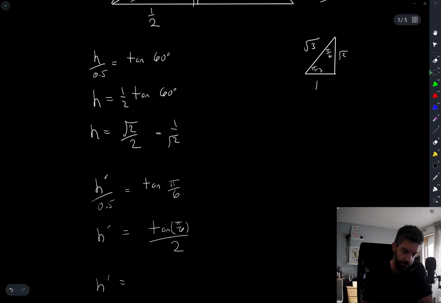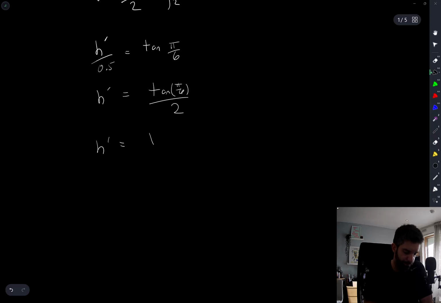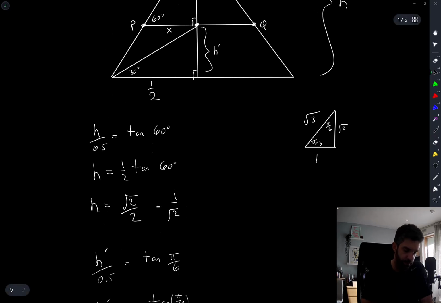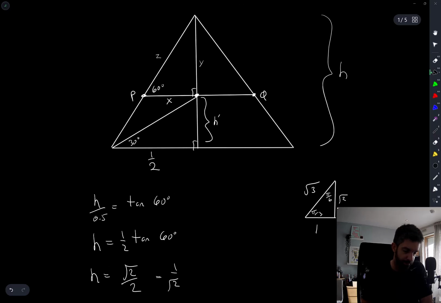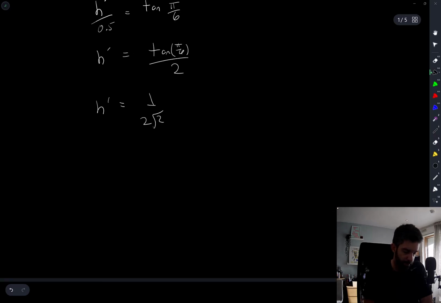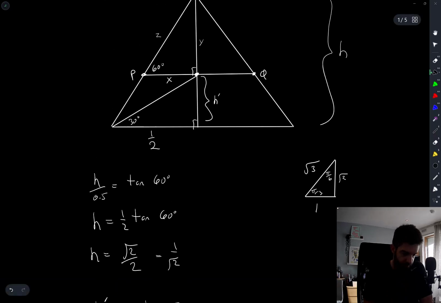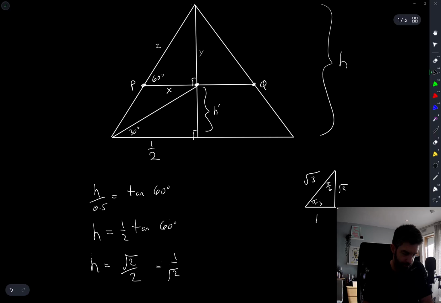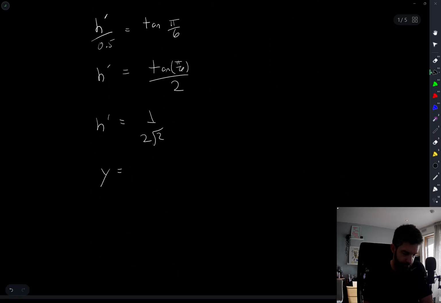Tan pi over 6, 1 over root 2. Okay. So this says that y is equal to 1 minus this.